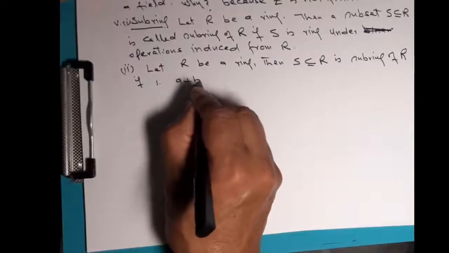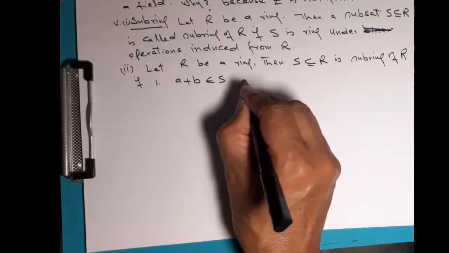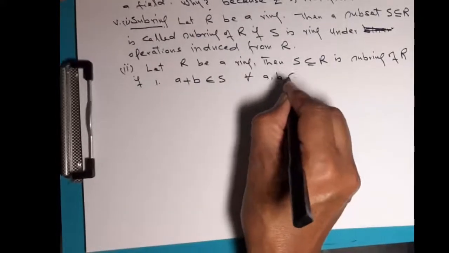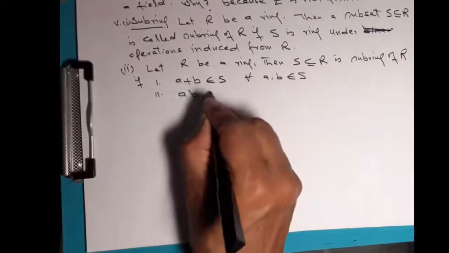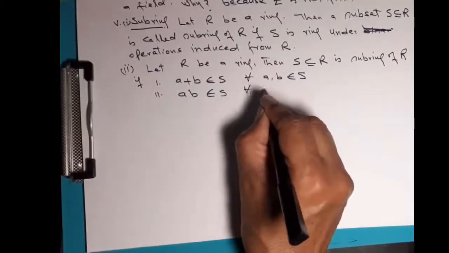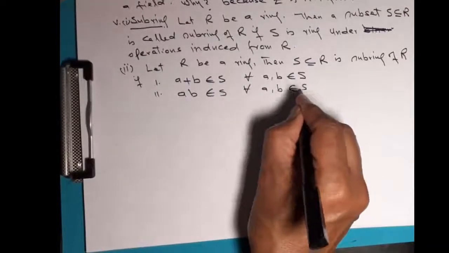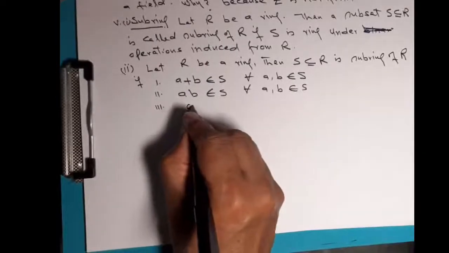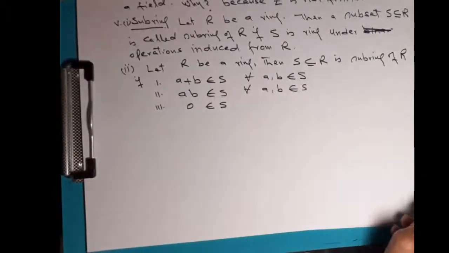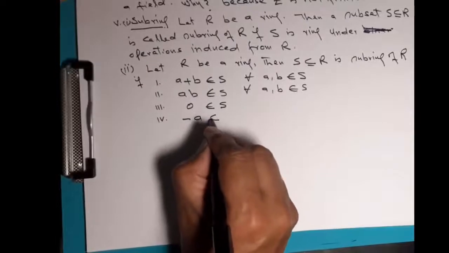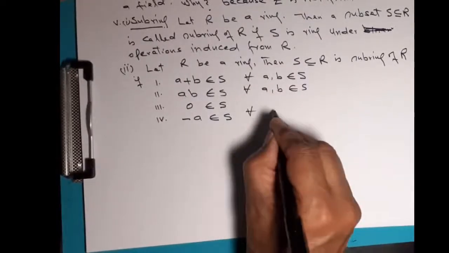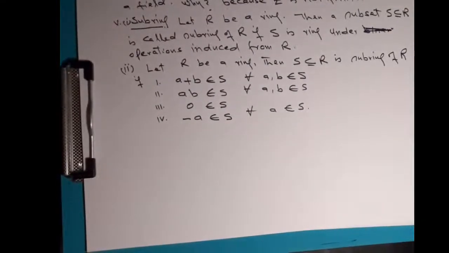What it means is that a plus b belongs to S for all a, b belonging to S. Secondly, a multiplied with b belongs to S for all a, b belonging to S. Number 3, 0 must belong to S, that is, the additive identity must belong to S. And number 4, the additive inverse of every element must belong to S, for all a belonging to S. So these are the conditions for a subset of a ring to be a subring.